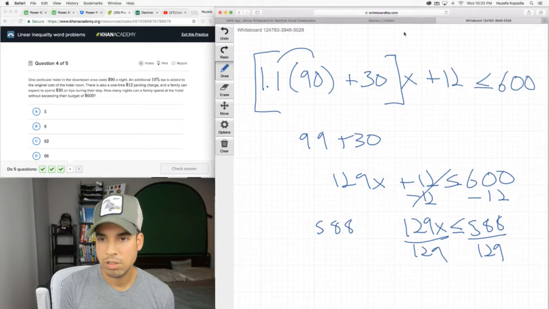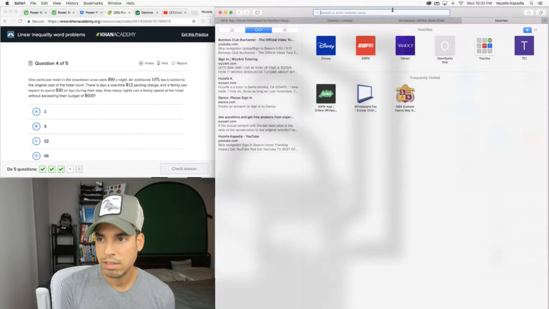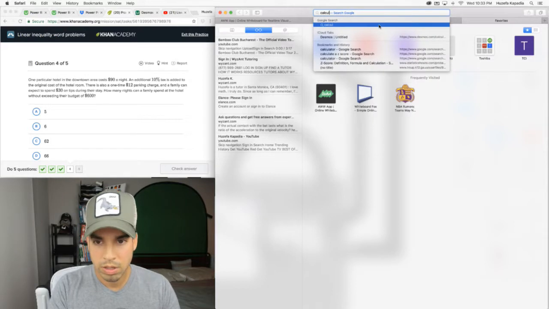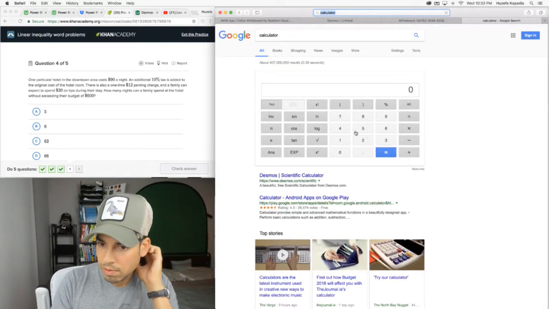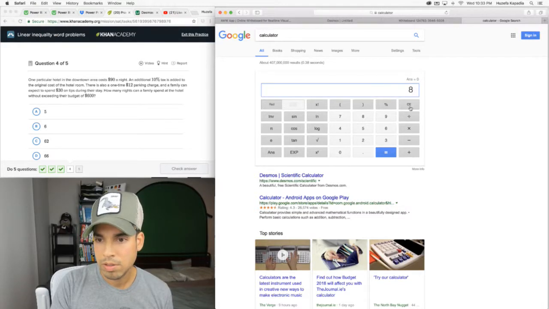Maybe we should use a calculator just to be faster. 588 divided by 129. This is not a pretty 4.55. You know what? That also doesn't work.